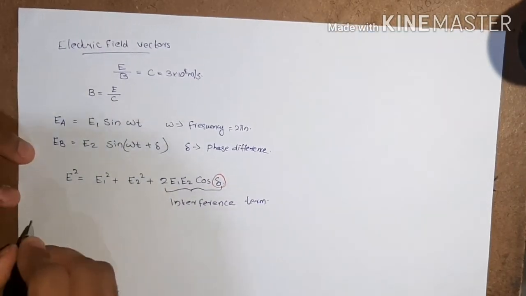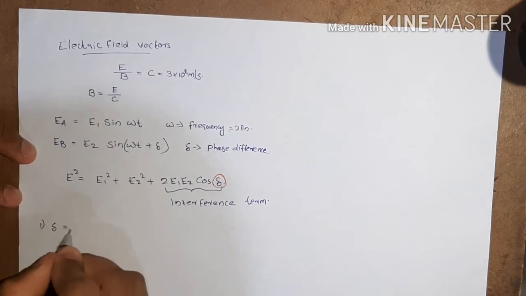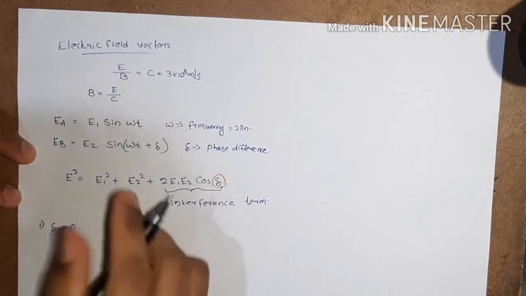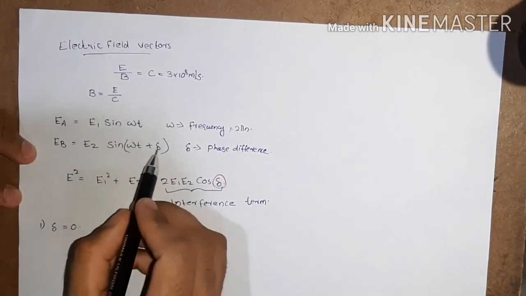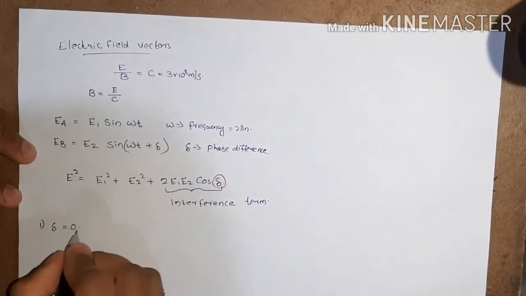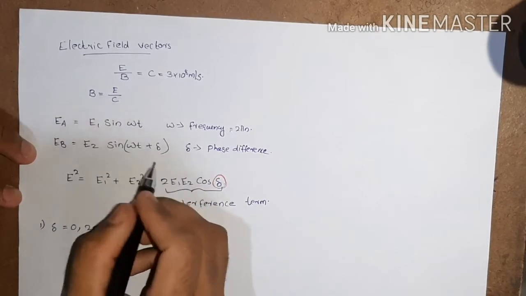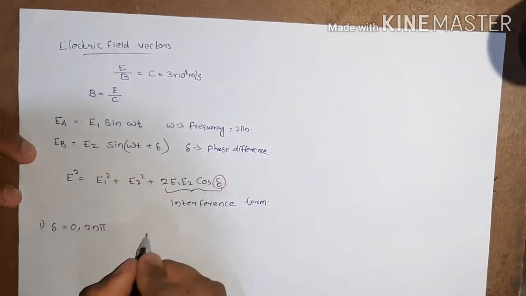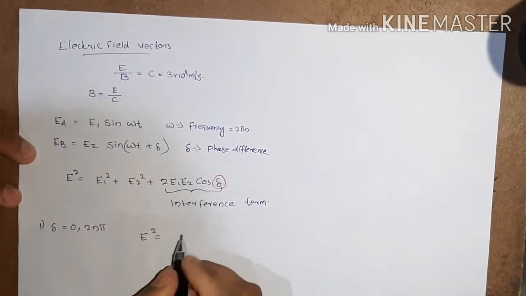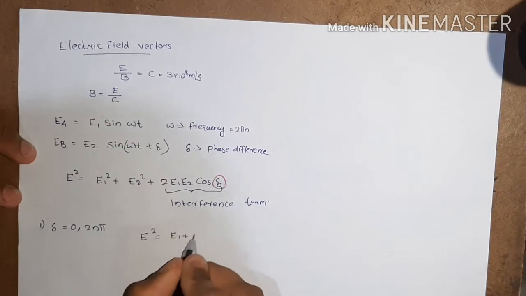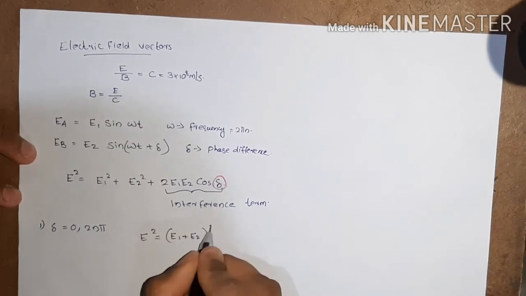Let us consider two special cases. First case: delta is equal to 0 or 2n pi, that is, the phase difference is 0 or 2n pi. In these cases the two waves are in phase, so E square, the resultant electric field vector, will be E1 plus E2 whole square.